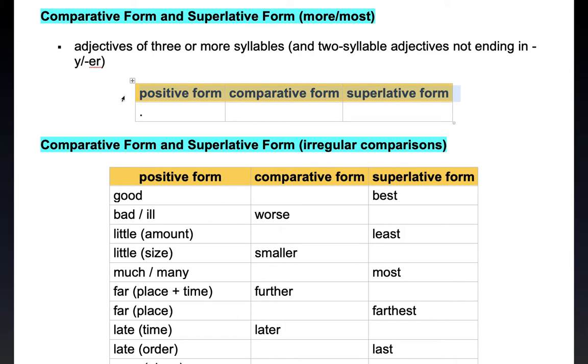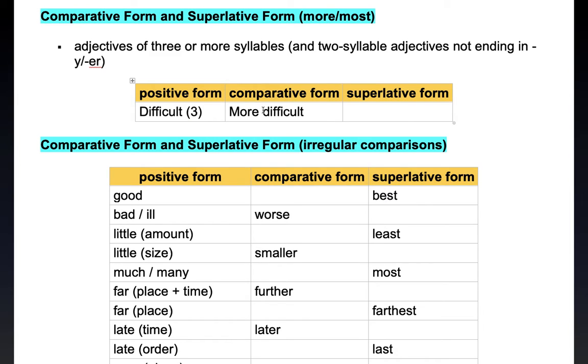For example, positive form, forma positiva de esta palabra. Difficult. 3 syllables. 3 sílabas. What is the comparative form? More difficult. Más difícil.